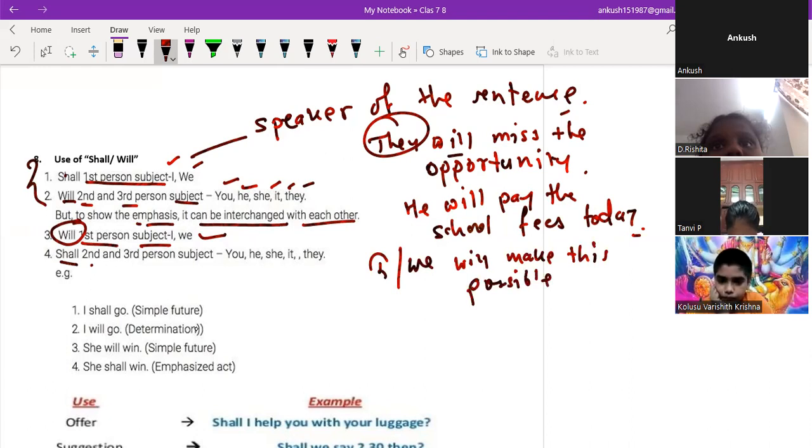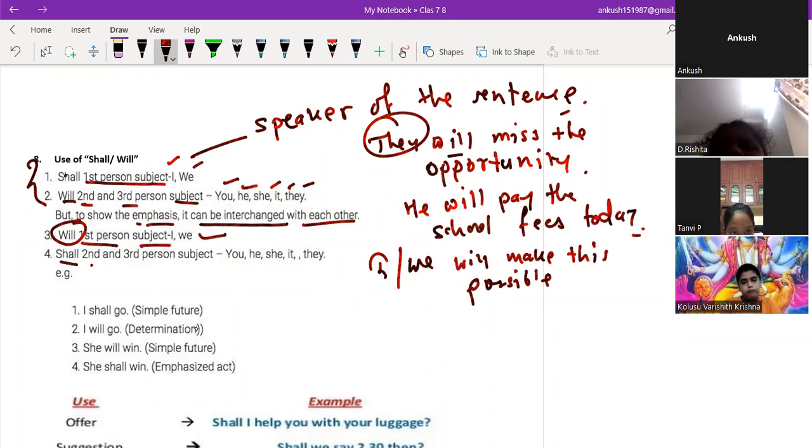What is to be made possible is a different thing. This emphasizes that I am determining, I am about to do that thing at the prior level. That is why will can be used with I and we if you are emphasizing something.